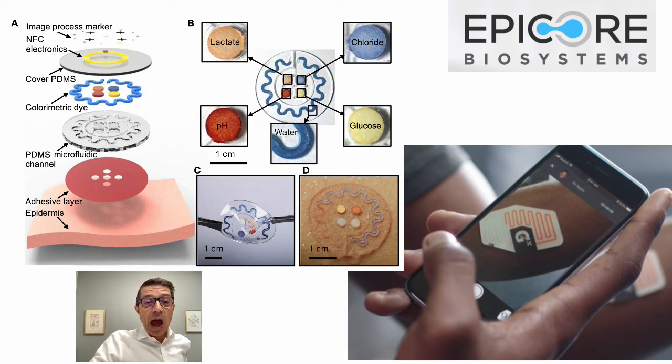It is right now commercially available, and it doesn't measure hydration per se, but it can estimate sweat losses, and it can estimate electrolyte losses via sweat. That could be very helpful for people that are athletic and exercise in the heat for a prolonged period of time. So this is something very interesting.